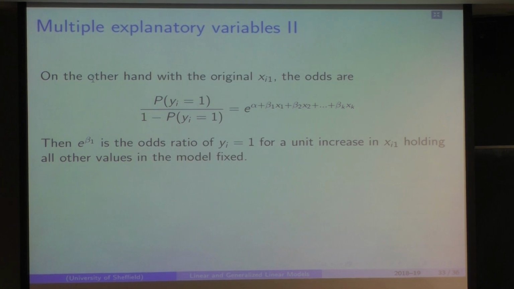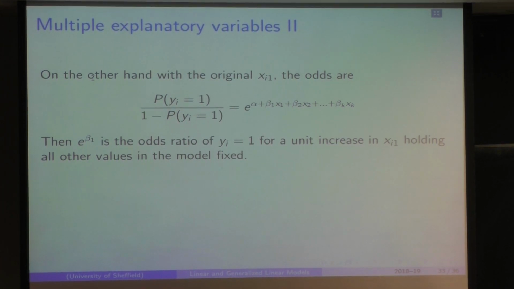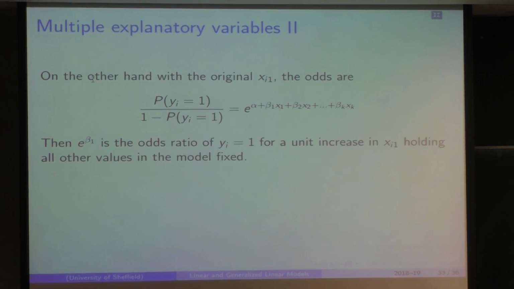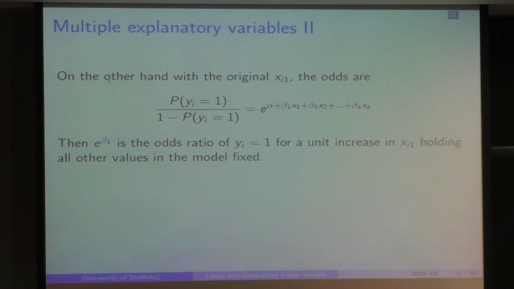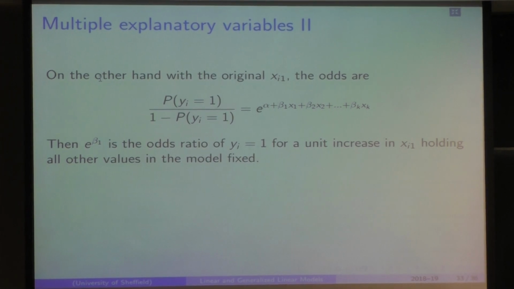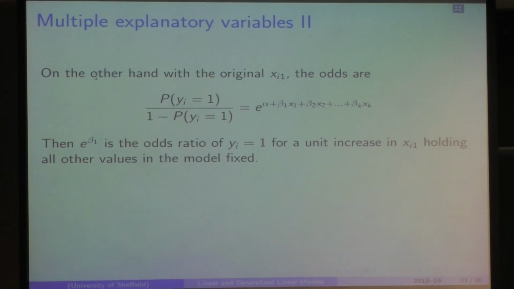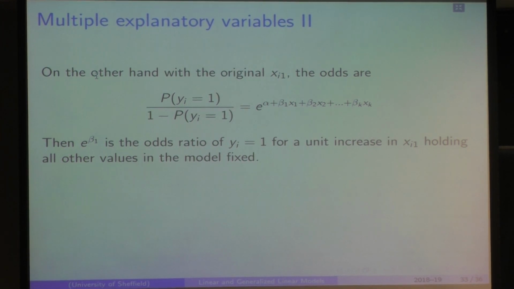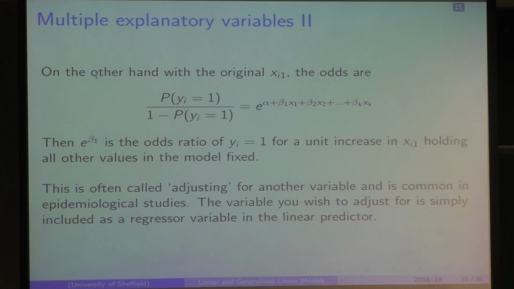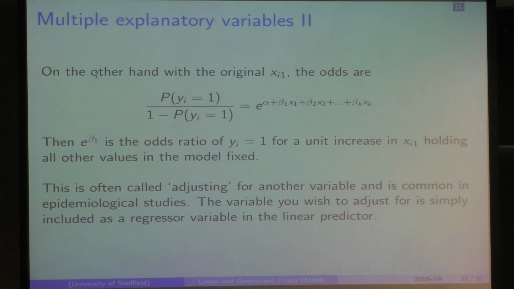So if you look at the ratio of those two odds, everything else cancels, and you're just left with e to the beta 1. So for a unit increase in variable x1, the odds ratio for getting coronary heart disease, or whatever the thing in the model is, is going to be e to the beta 1. People doing epidemiological studies call this adjusting for the other variables in the model.